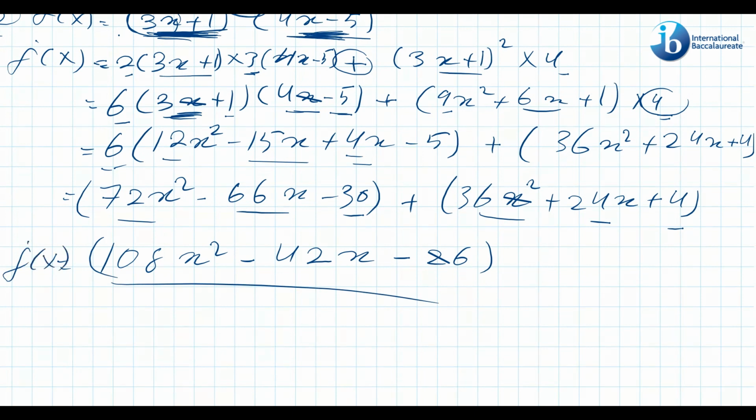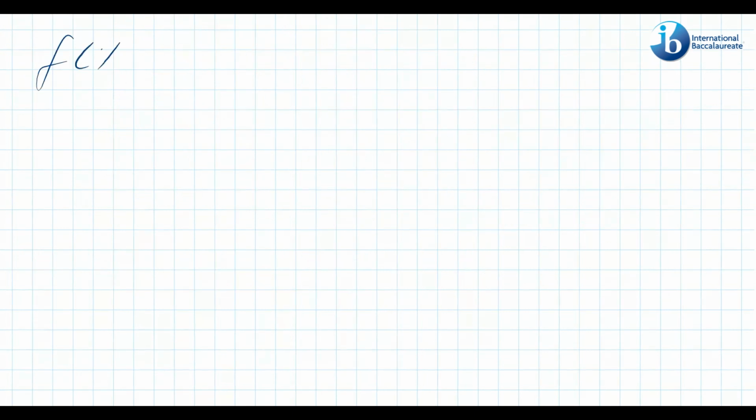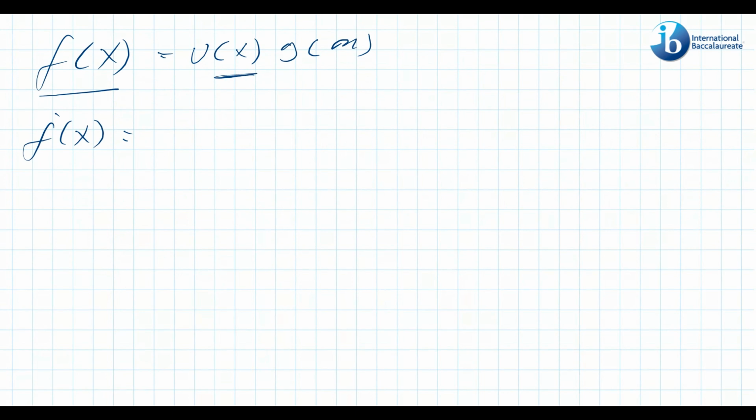Is it difficult? A little bit. The first part. Okay. F of x equals u of x by g of x. To find the derivative, and focus with me, it becomes the derivative of the first, u dash of x, by the second, g of x, plus the derivative of the second, which is g dash of x, by u of x. What about if you do it like that?